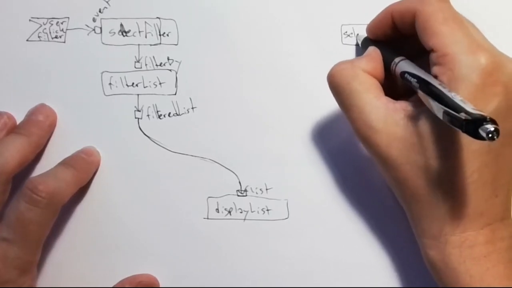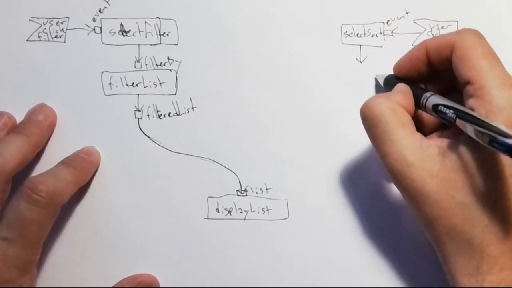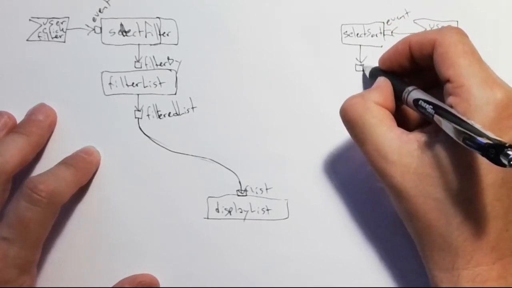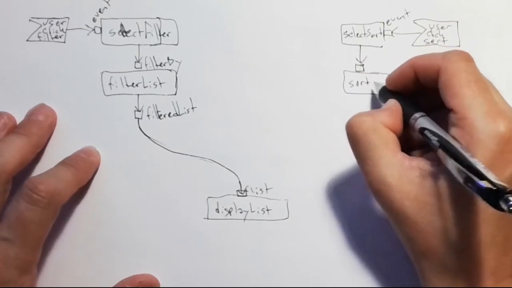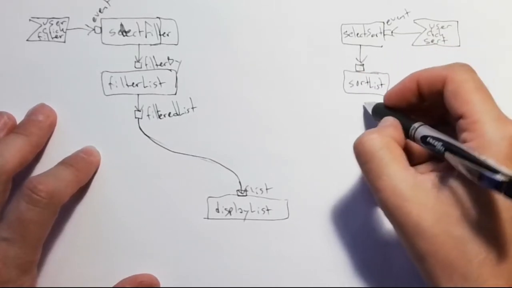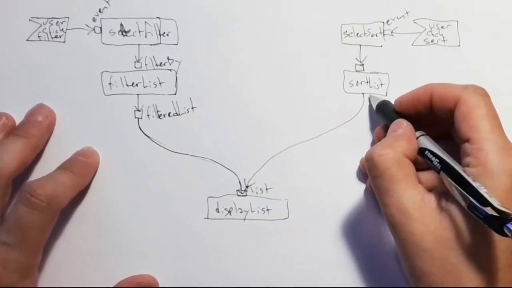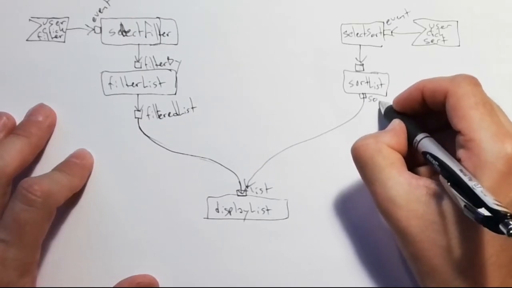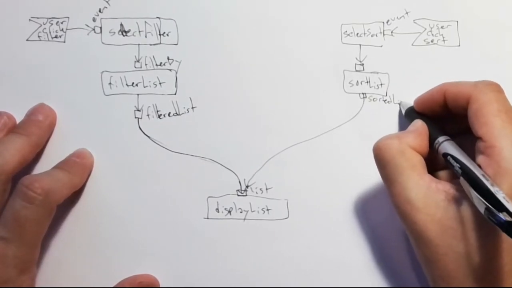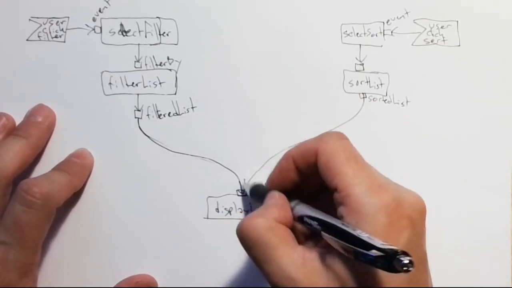Select sort, and this calls my sort list, that also calls here. That's how it is. And this is our sorted list. So this is how it is.